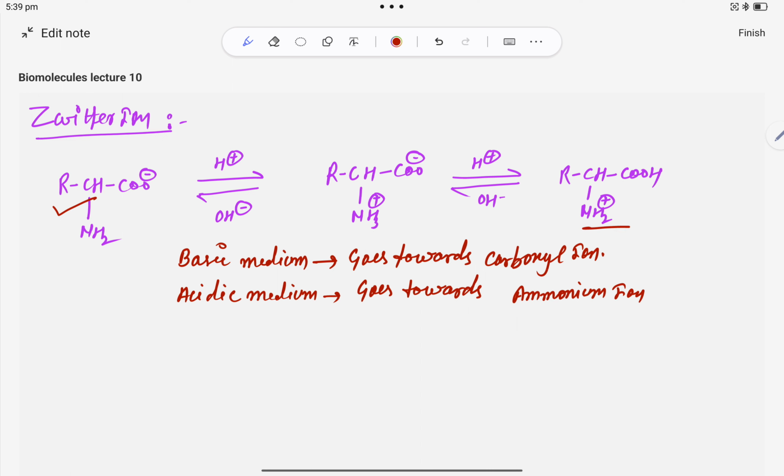This is your ammonium ion, it is NH3 plus.